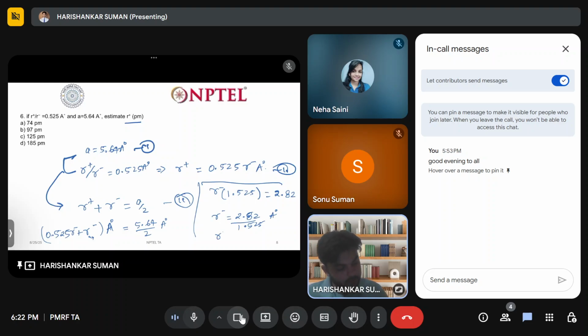This will be 1.84. Then we put it in the second equation, so multiply this number by 0.525.